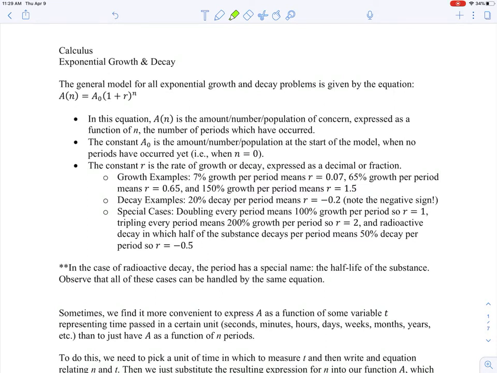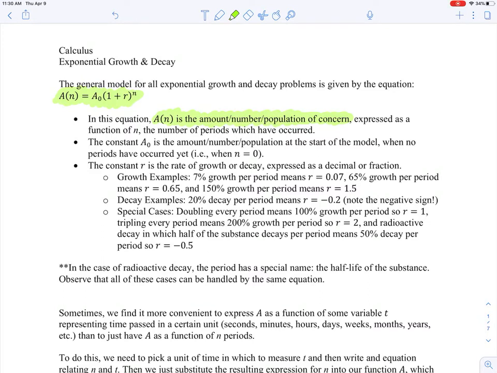So remember that the general model for all exponential growth and decay problems is given by some form of this equation. You might see different variables used. I'm using A of n is equal to A sub 0 times the quantity 1 plus r raised to the n power, where A of n is the amount, the number, the population of concern.